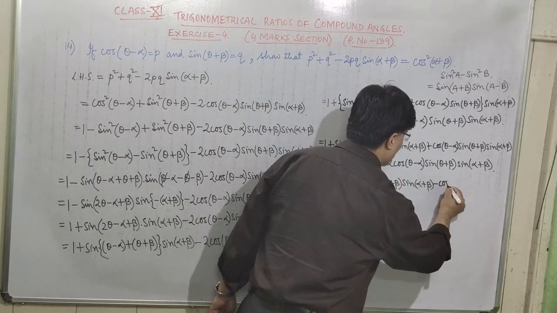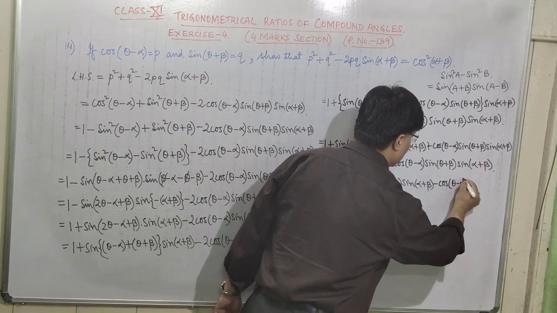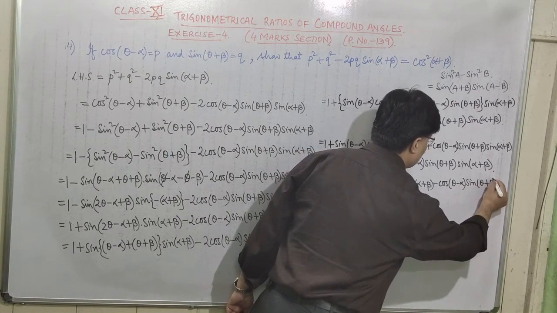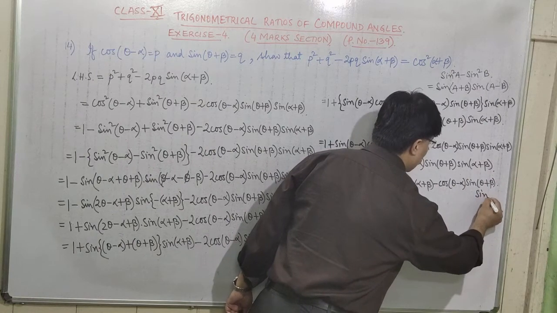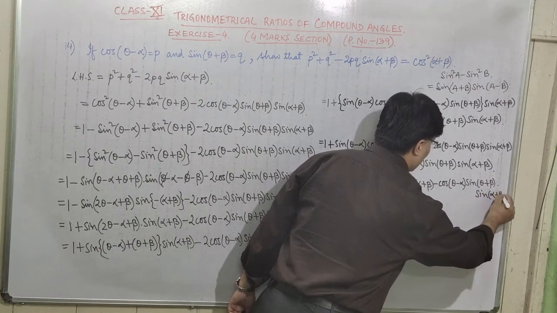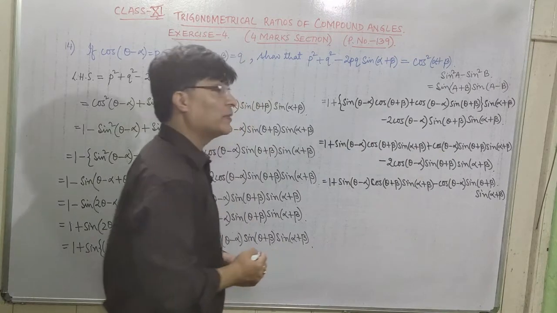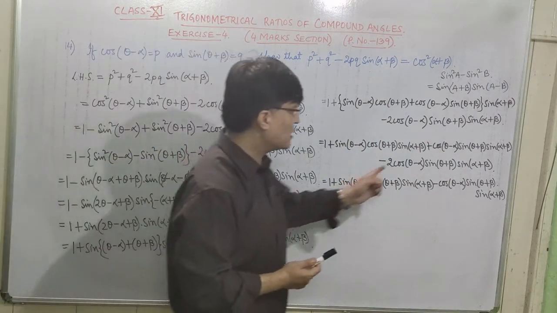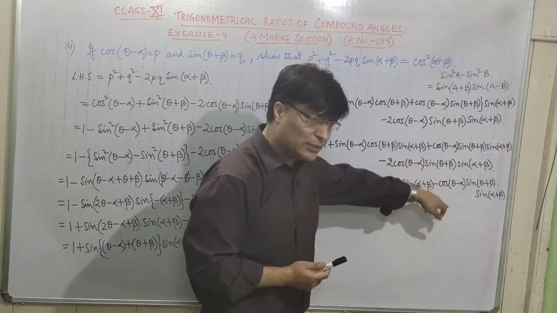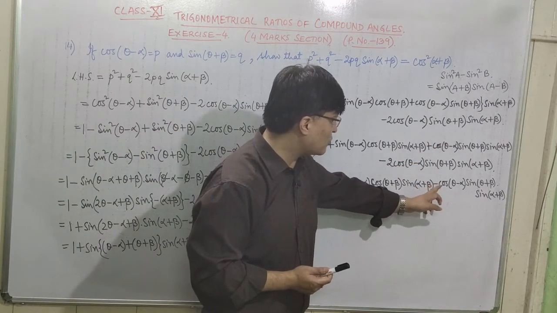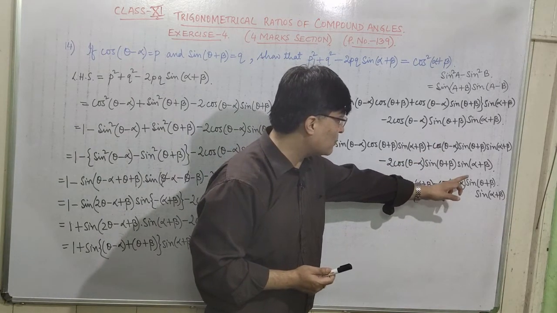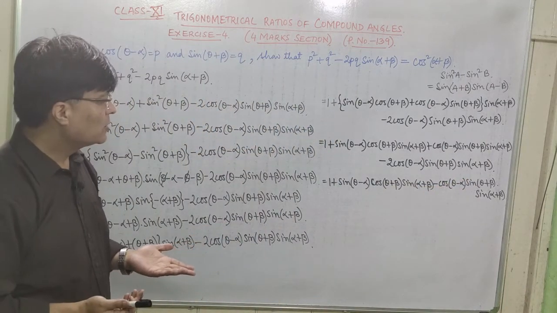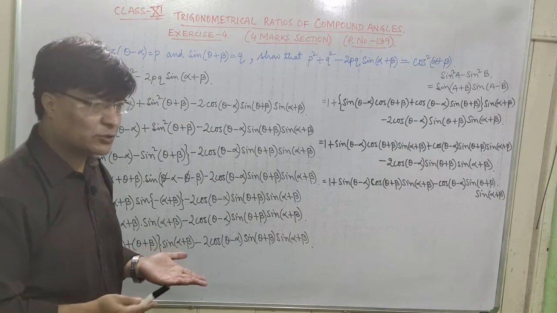Minus cos of theta minus alpha sine of theta plus beta into, this is the continuation line, sine of alpha plus beta. This third term and fourth term are simplified. This is just like your a minus 2a, that is your minus a. So it is minus cos of theta minus alpha sine of theta plus beta sine of alpha plus beta. So I think you have understood it.